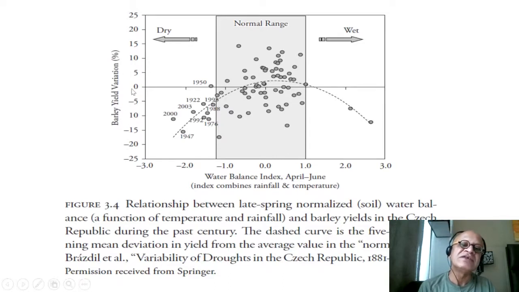So this is barley yield variation, and here we are looking at water balance as a function of rainfall and temperature for April and June. Again you can see there are many years of data here going from 1950 or even back to 1922. And there is the normal range in terms of water balance index, and then yield drops on either side of this optimal region where you get too wet or too dry.